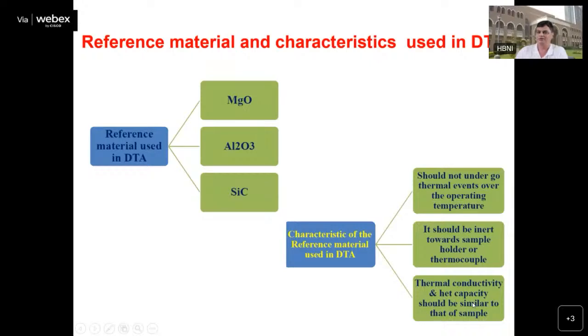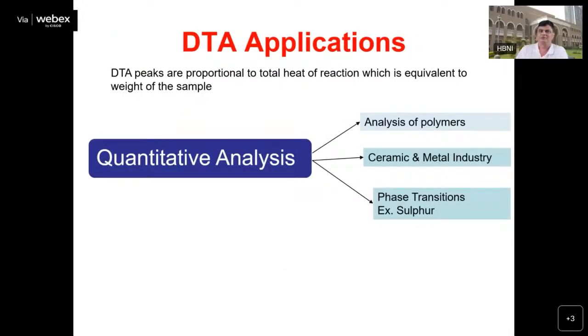The thermal conductivity and heat capacity should be similar to that of the sample. DTA can be used for quantitative analysis, the analysis of polymers, ceramic and metal industries, and phase transitions, for example in the case of sulfur.